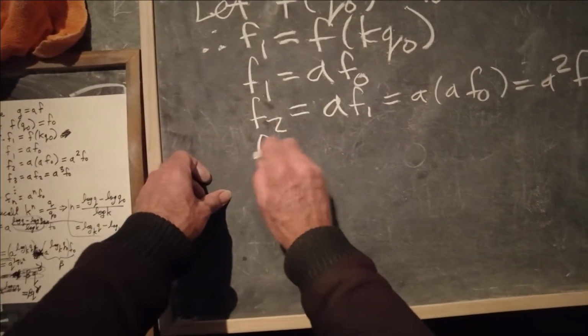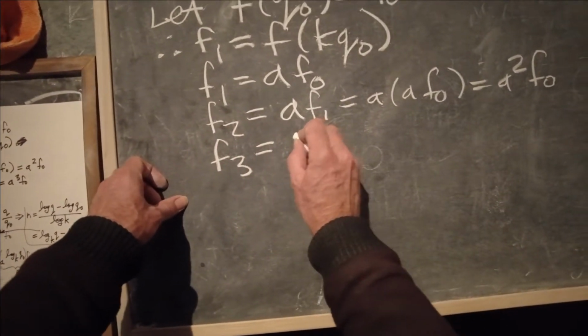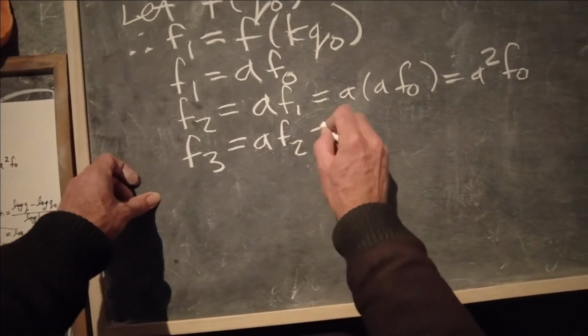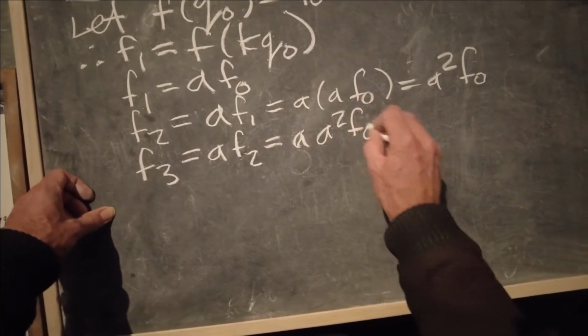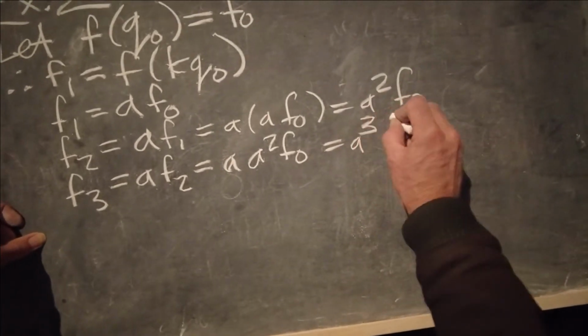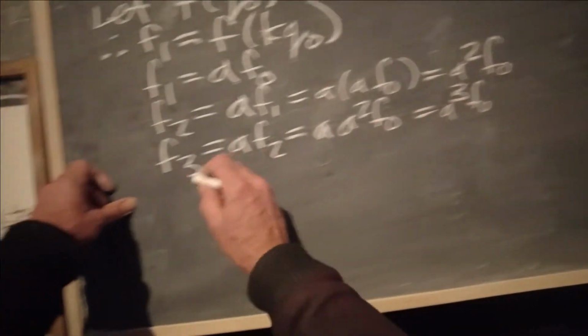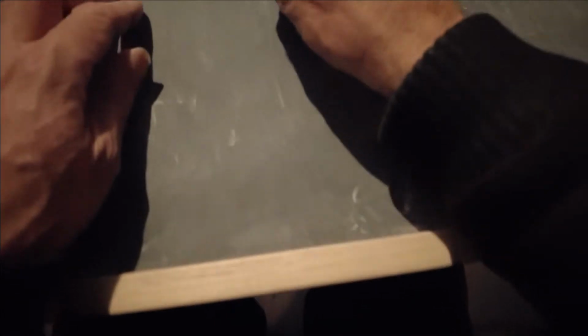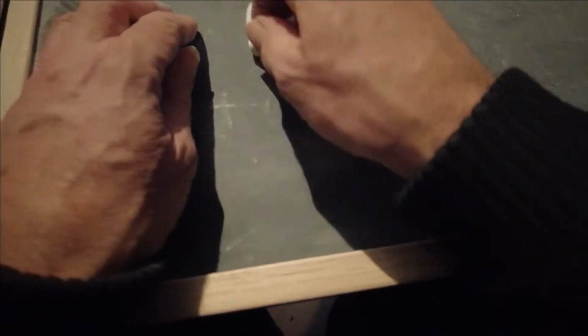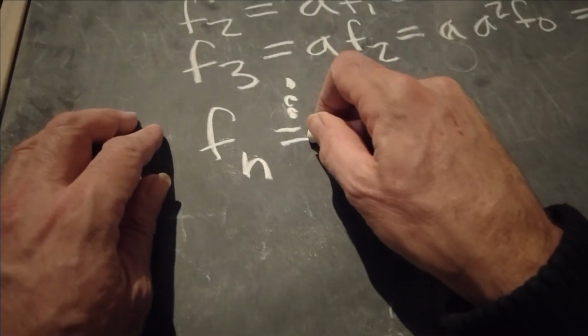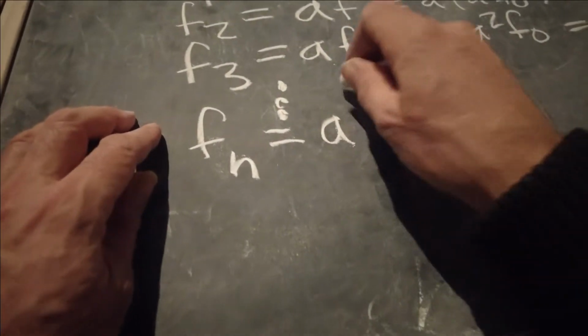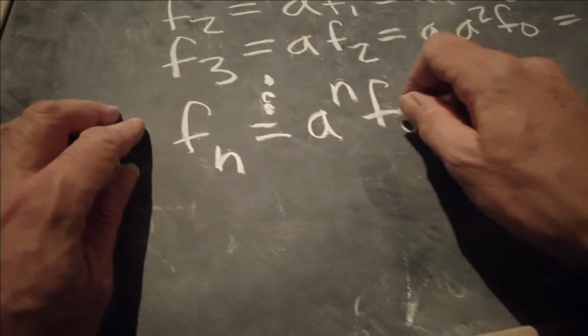And then we have f3 equals a f2, which equals a times a squared f0, which is a cubed f0, and so on. And we'll have now that fn is equal to a to the n times f0.